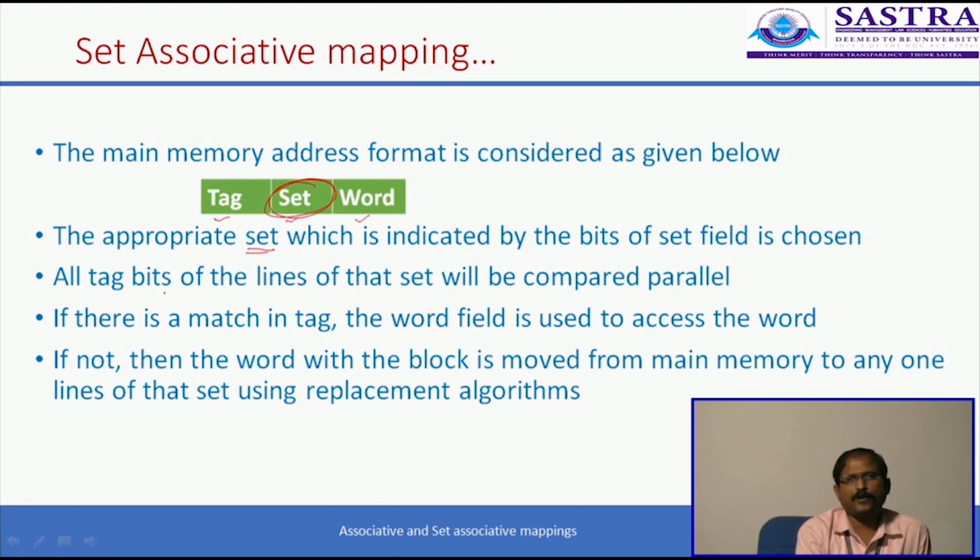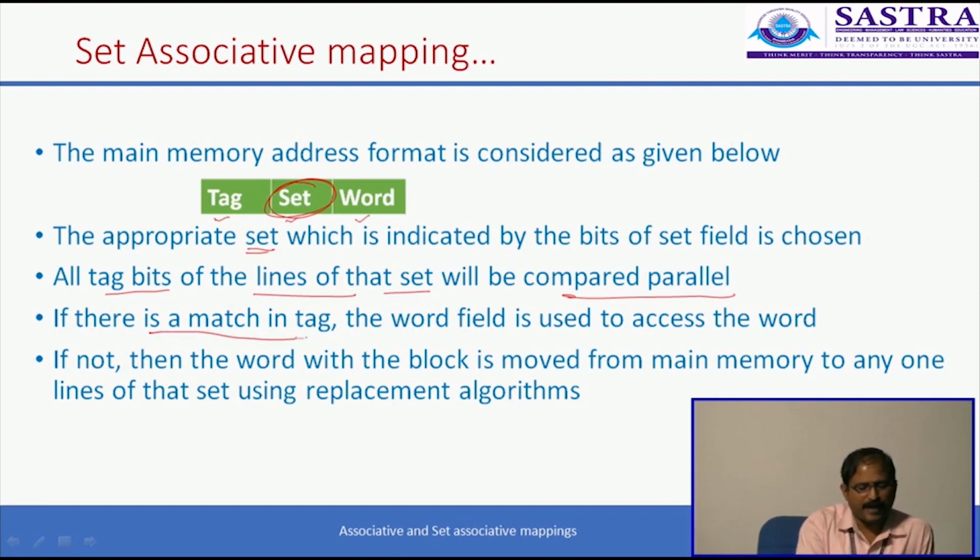First, an appropriate set will be chosen. All tag bits of the lines of that set will be compared in parallel. This is very similar to fully associative mapping. Only one set is chosen, that is very similar to direct mapping.